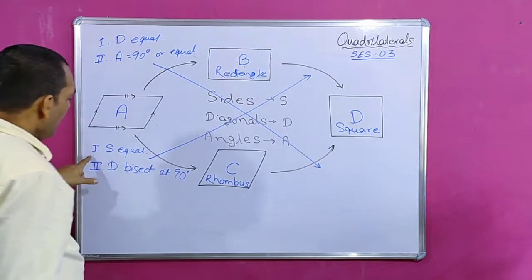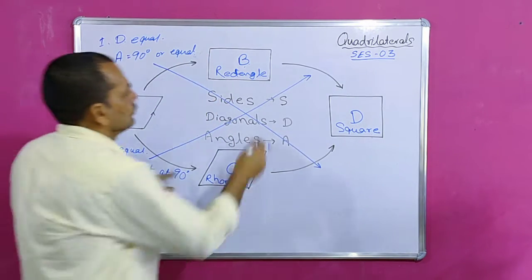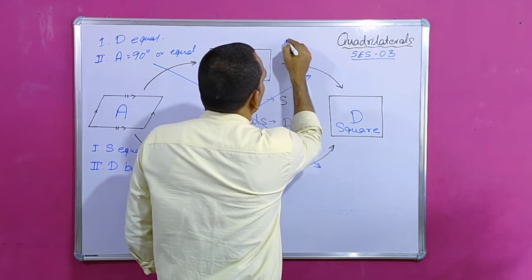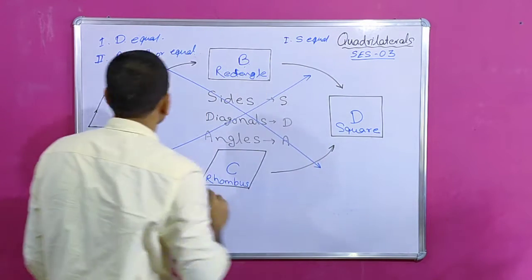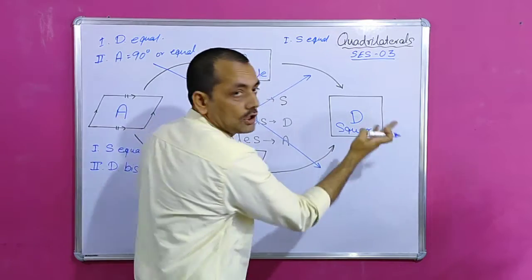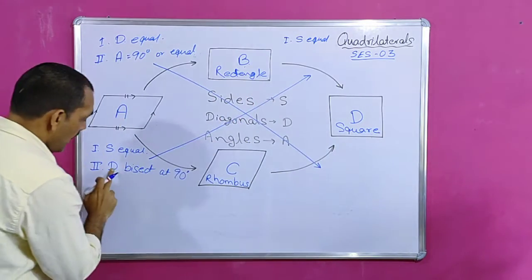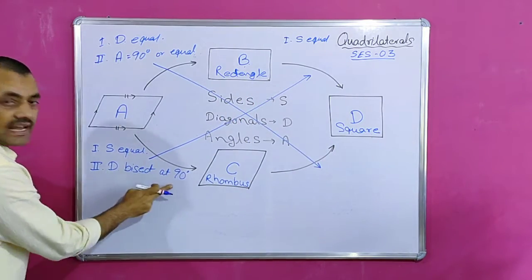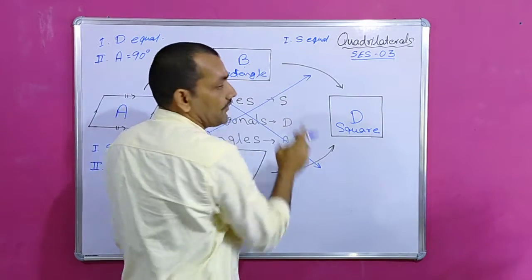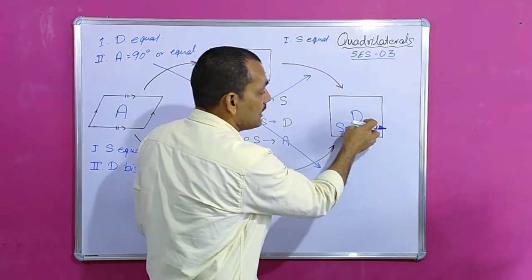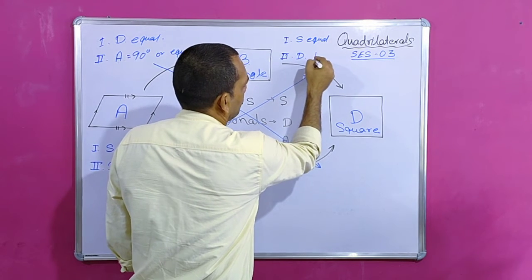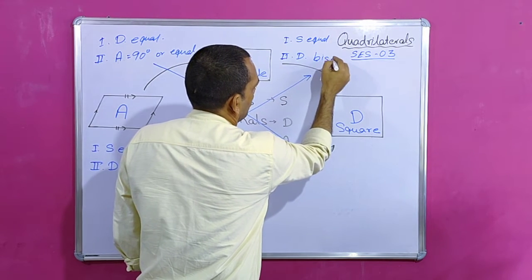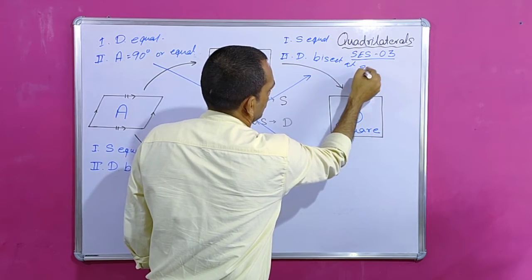How? Let's see. If sides are equal, in case of a rectangle, case 1, sides equal, obviously the rectangle will become a square. And diagonals bisect at 90 degrees: in a rectangle they don't bisect at 90 degrees, but in a square they do. So case 2, diagonals bisect at 90 degrees.